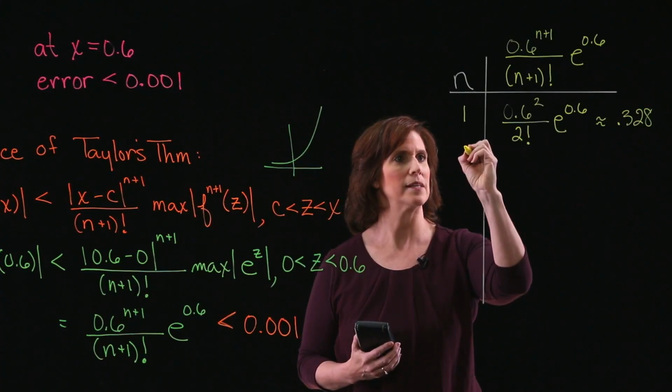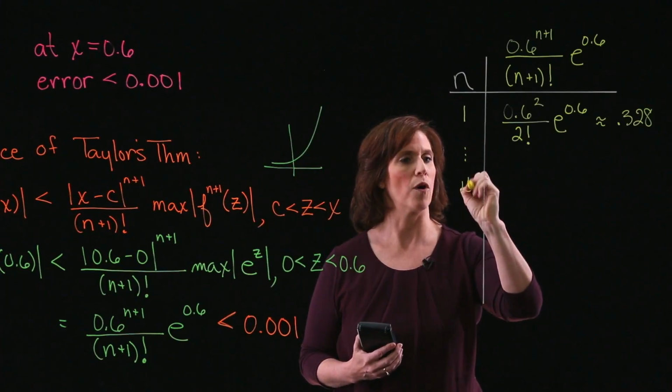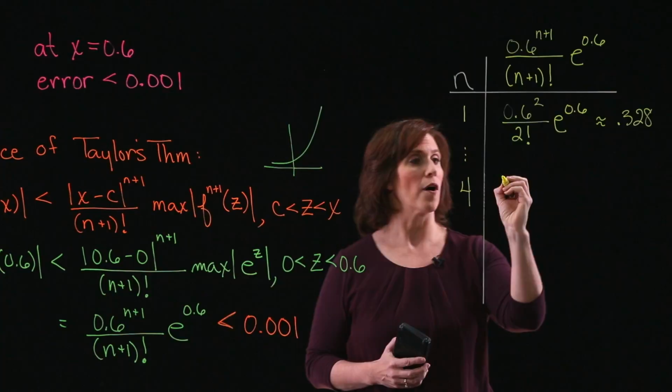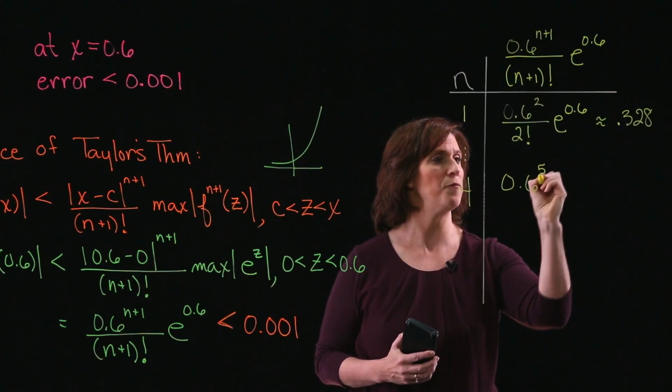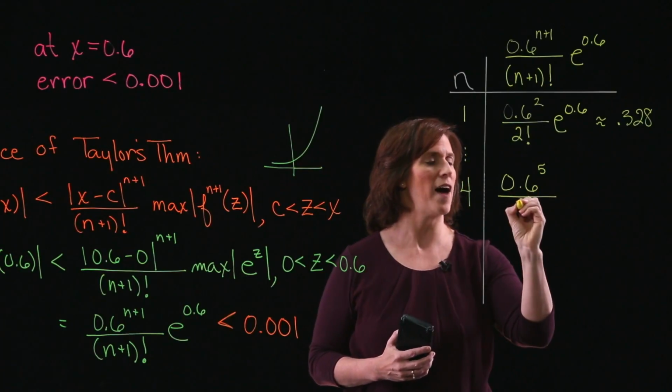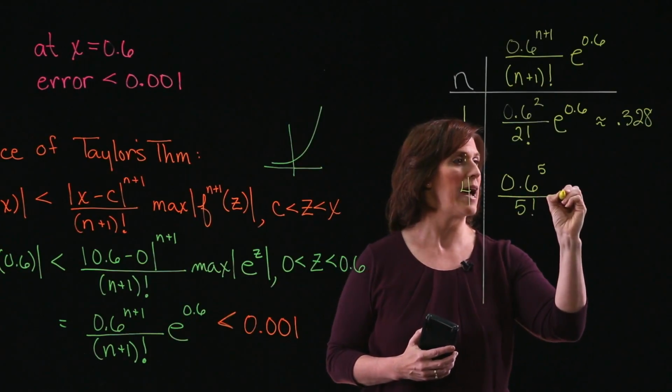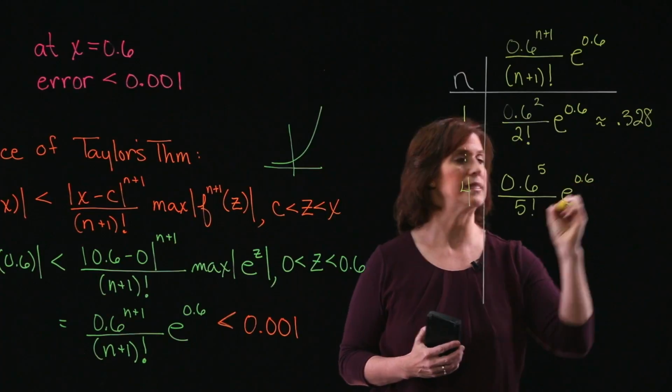Because I'm so far away, I'm going to skip through a few values. Let's see what happens when n equals 4. When n equals 4, I will have 0.6 to the 4 plus 1, or the fifth power, divided by 5 factorial times e to the 0.6.